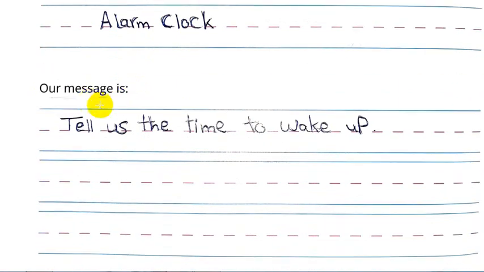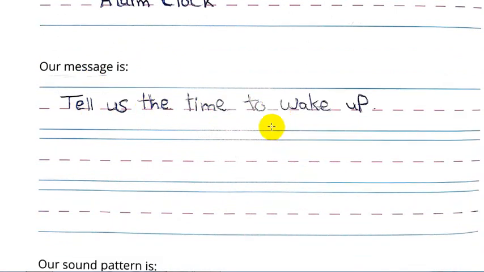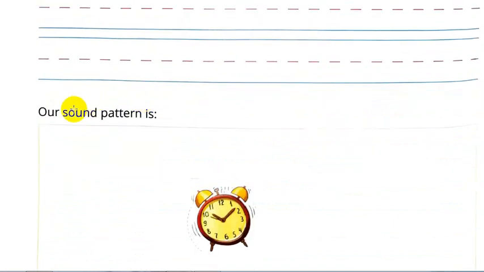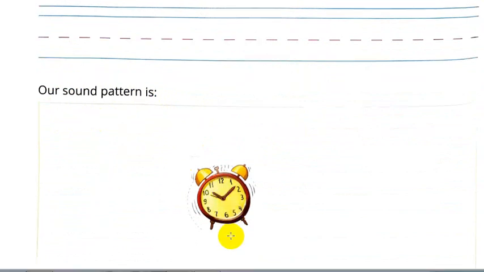Okay, number 2. Our message is... what is a message that an alarm clock gives us? Right. Tell us the time to wake up. Number 3. Our sound pattern is... here draw the alarm clock sound pattern as you see in this picture.